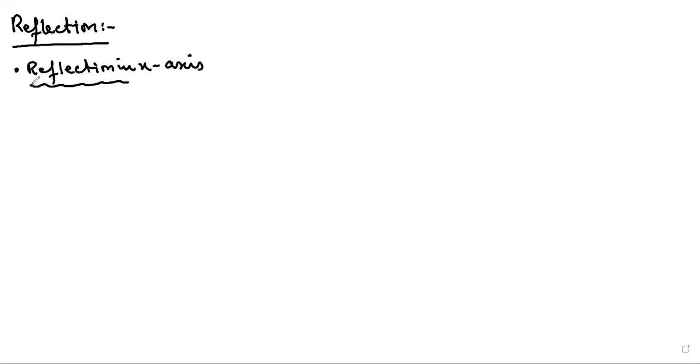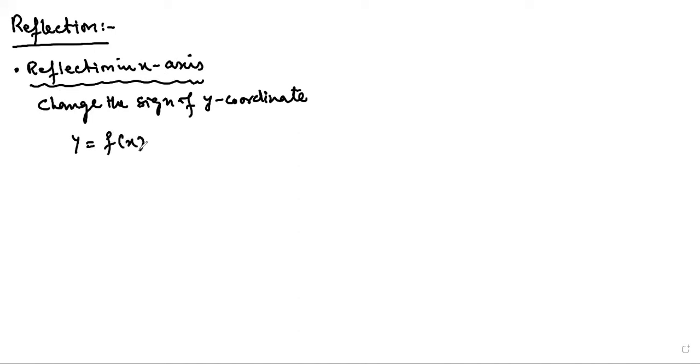If there is a reflection in x-axis, we will change the sign of y coordinate. If the curve is y is equal to f of x, then the new curve will be y is equal to minus f of x.